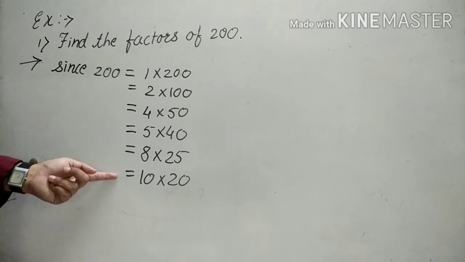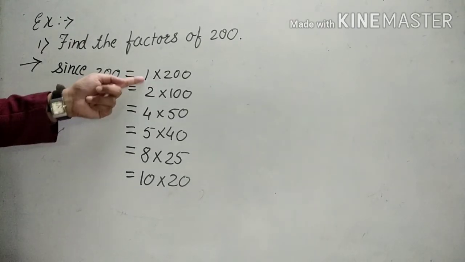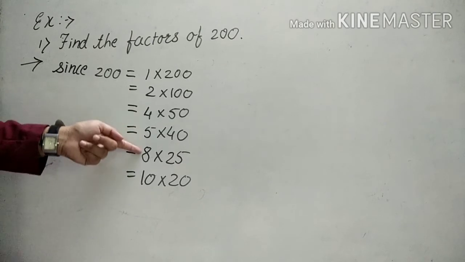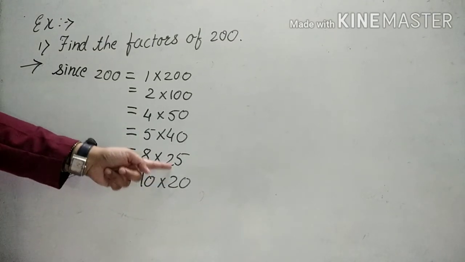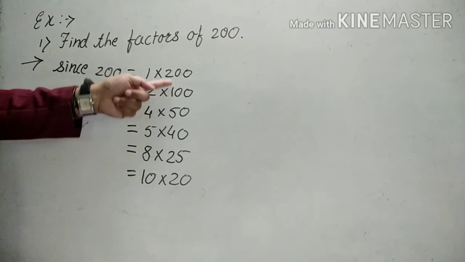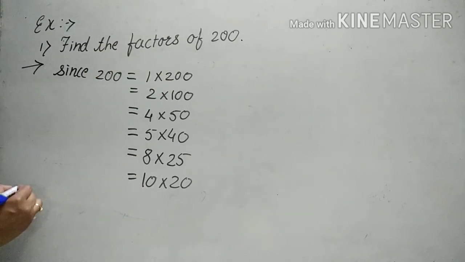See, I have found the numbers which, when multiplied, give the answer 200. So, what are the factors of 200? 1, 2, 4, 5, 8, 10, 20, 25, 40, 50, 100 and 200. Let us write them.